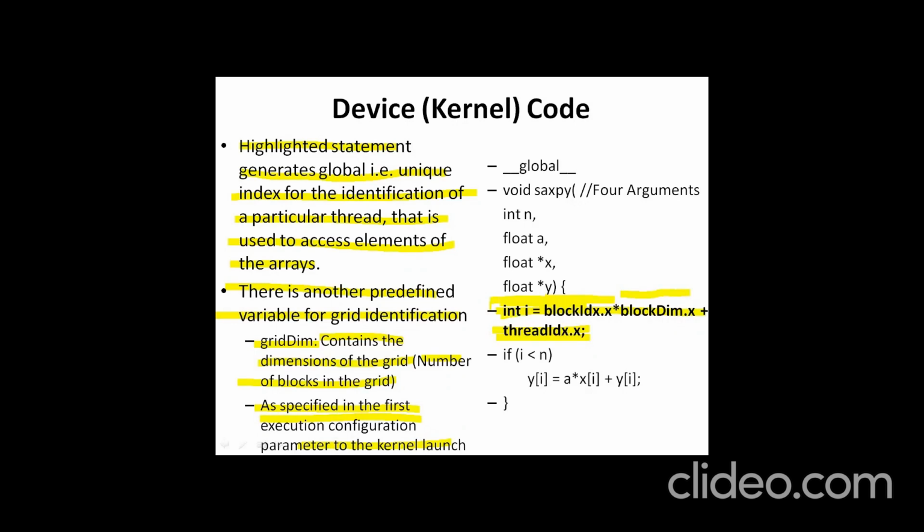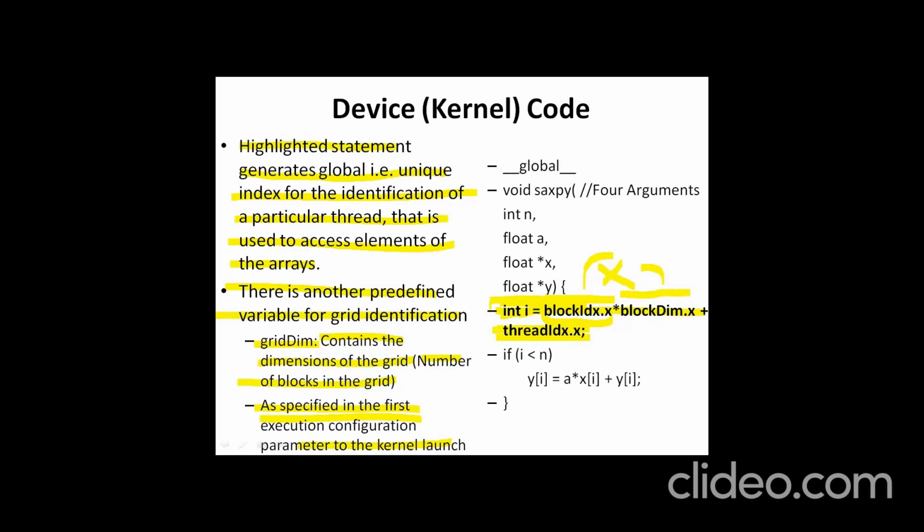We are creating a unique index by using the block index, that is, the block number. The block number may be 0, 1, 2, or up to 255 if we have launched 256 blocks. Block number multiplied by block dimensions, that is, the number of threads in a block, which is 256 here, plus thread index, right?